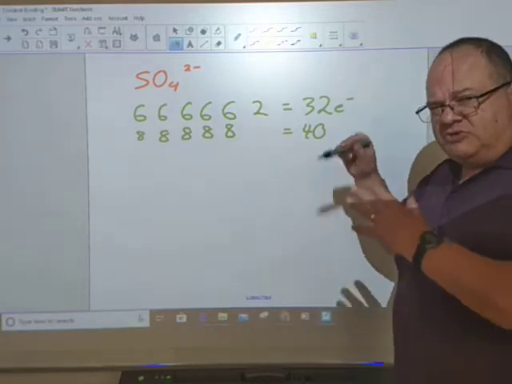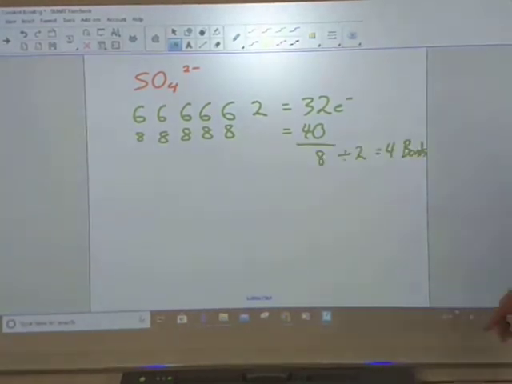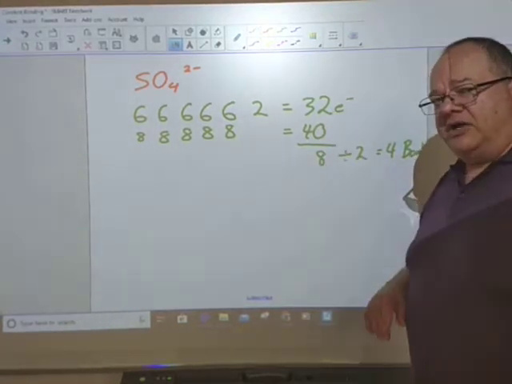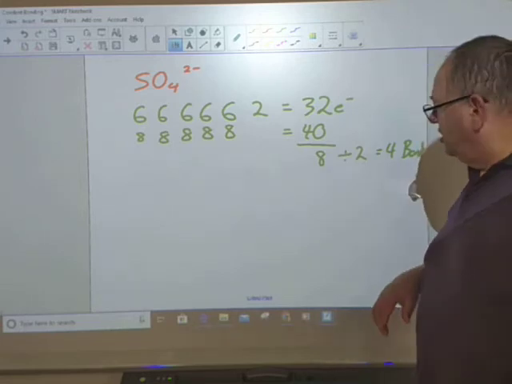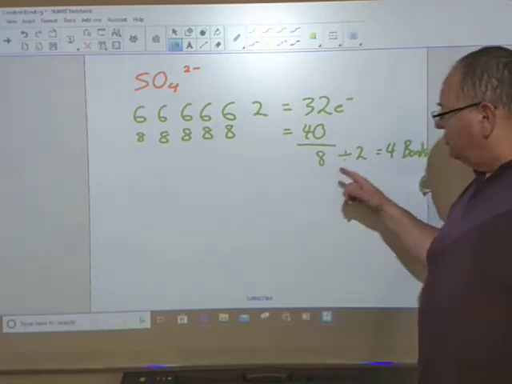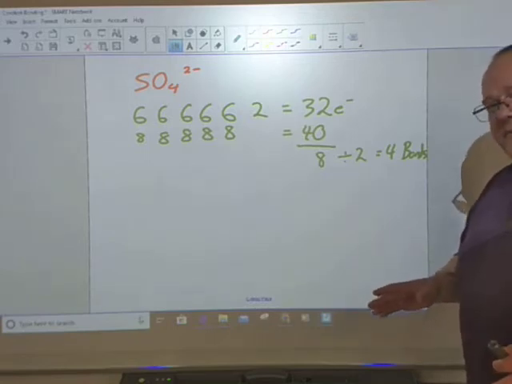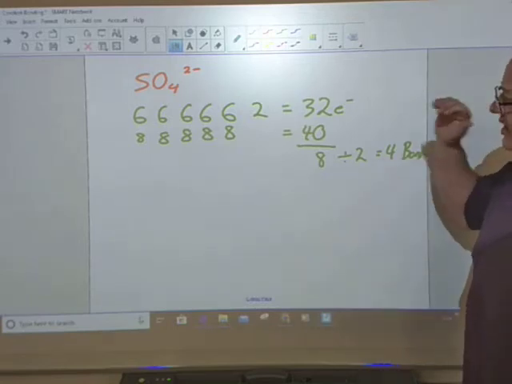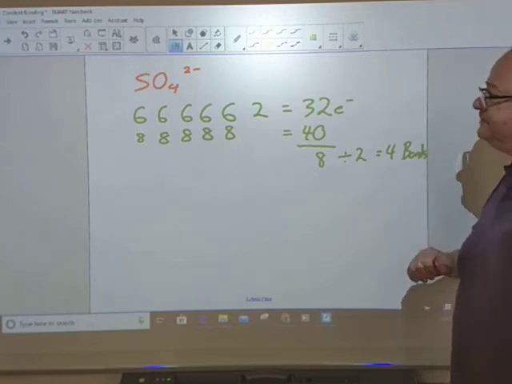So if I subtract in the reverse order, that means I've got to share 8 electrons. Now shared electrons are paired up in a bond, so I divide that by 2. That means I've got to have 4 bonds. So far I figured out I've got 32 valence electrons altogether, and I have to make 4 bonds.